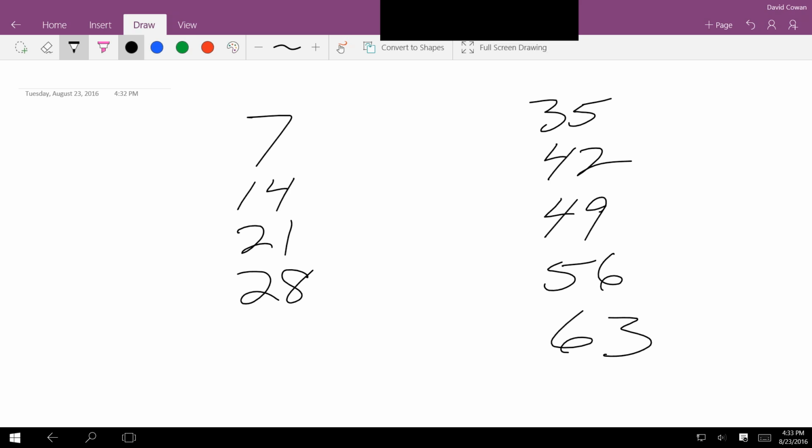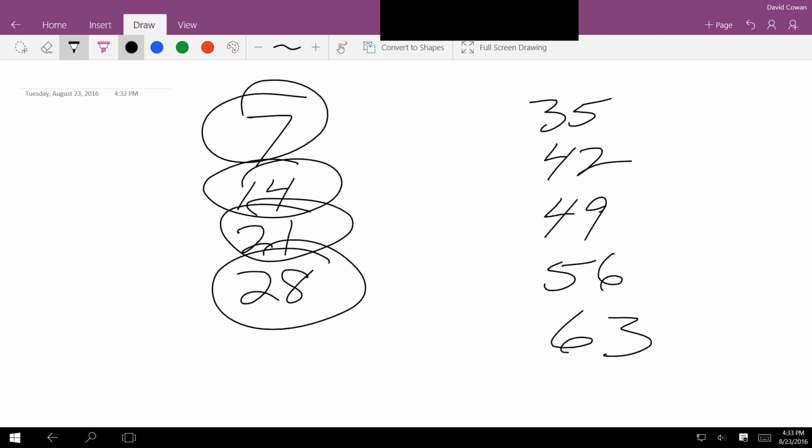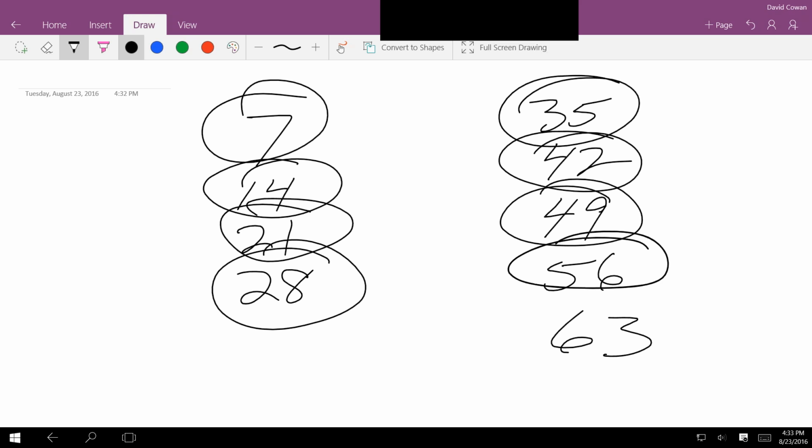Stop. That's what 7 times 1 is going to be. That's what 7 times 2 is going to be. That's what 7 times 3, 4, 5, 6, 7, 8, 9 are going to be.